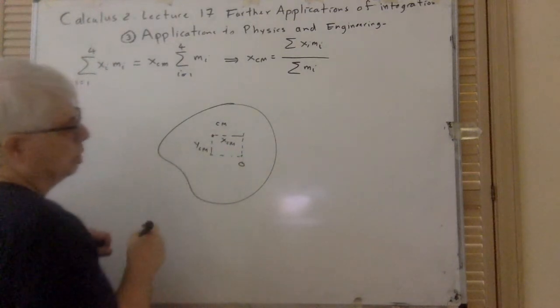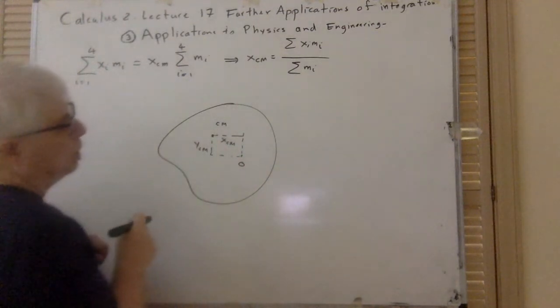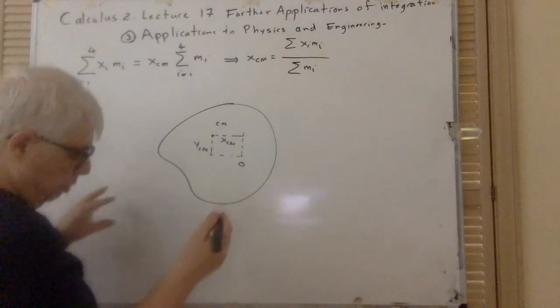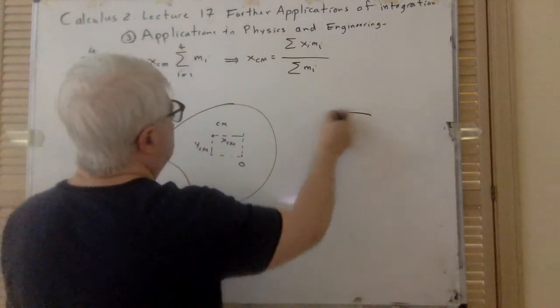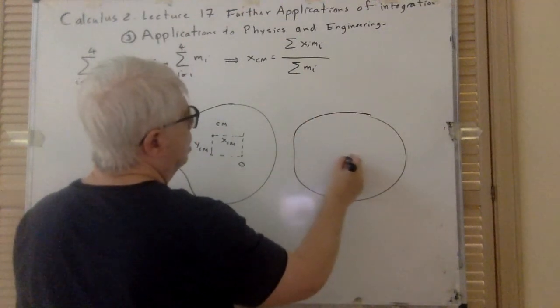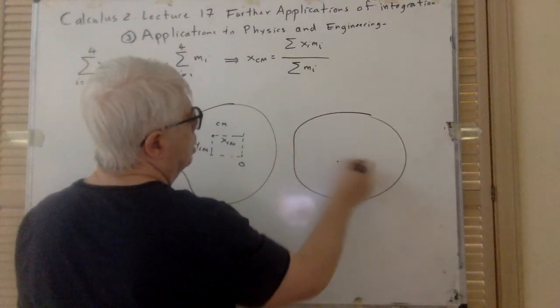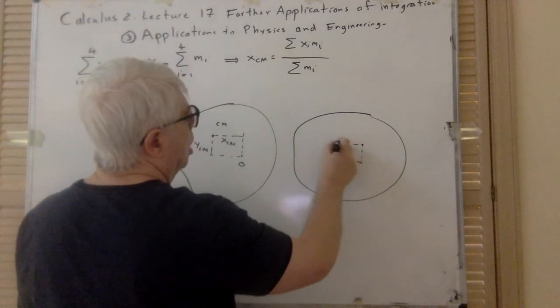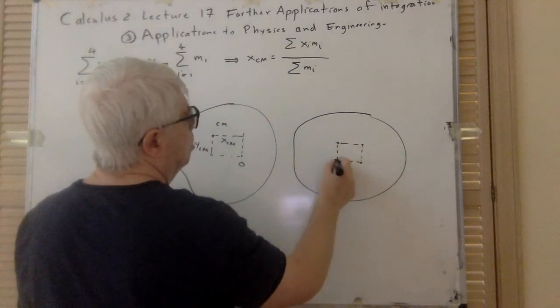And now for x Cm, well, let me draw another picture of this thing. So let's say xcm is here. So this is xcm, this guy here.